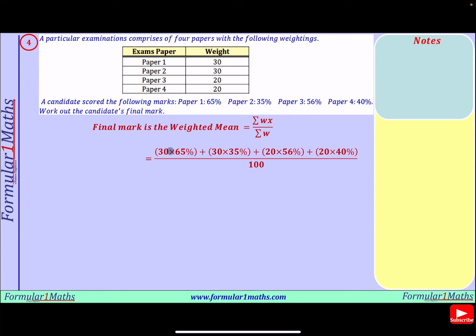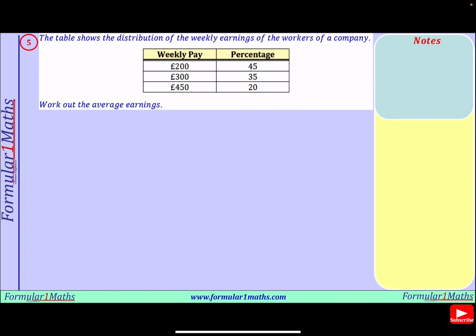Then we have 35 times its weight, which is 30. 56 times its weight, and 40 times its weight, divided by the total of that, which is 100. Then we add up all that and divide by 100 to get this. And finally, we're going to get 49.2%.